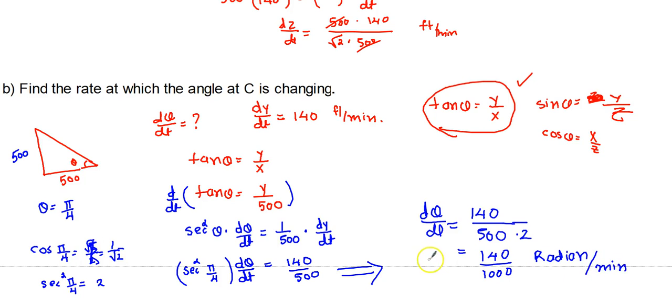The unit is radians per minute, because when the feet get cancelled, in calculus we always measure angle in radians. So this is the rate of change of the angle with respect to t when the balloon was at 500 feet and Mrs. Working was standing here. It is increasing. You can see that the rate of change of angle is positive, so that means it's going up and up and up.